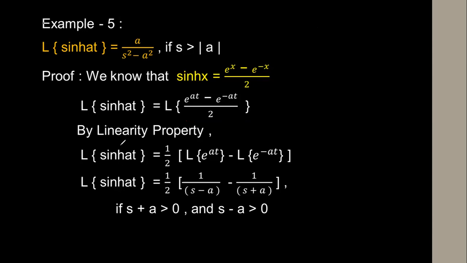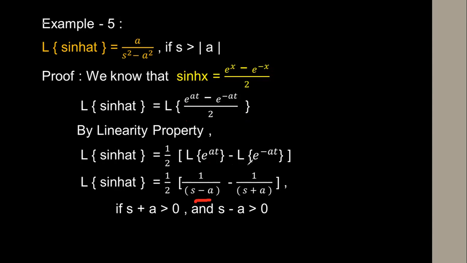So the Laplace transform of sin ht is equal to, since the denominator 2 is a constant, 1 by 2 into the Laplace transform of e power at as one term minus the Laplace transform of e power minus at as another term, by the linearity property. What is the Laplace transform of e power at? Already we have evaluated this function: it is 1 by s minus a.